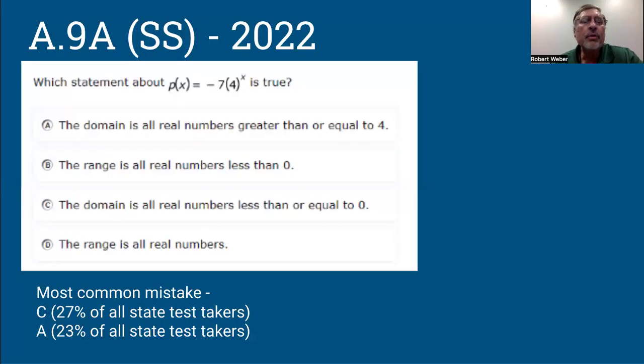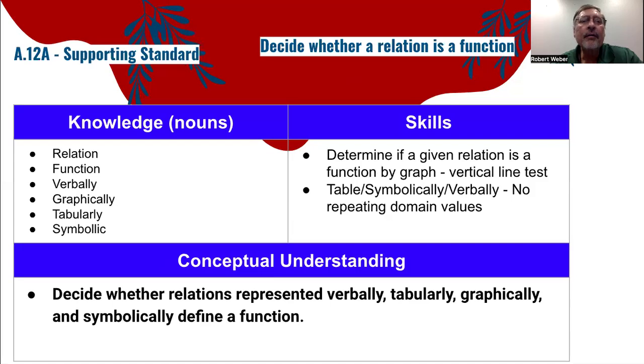A9A 2022 question. A12A, supporting standard, determining if a relation is in fact a function. Vertical line test when you have the graph, repeating x values, those kinds of things that you will utilize to decide if a relation is a function.